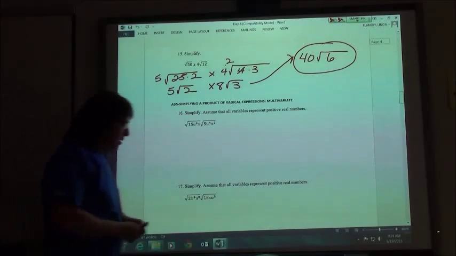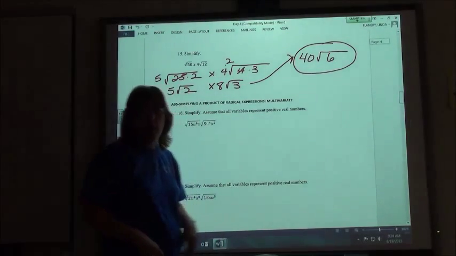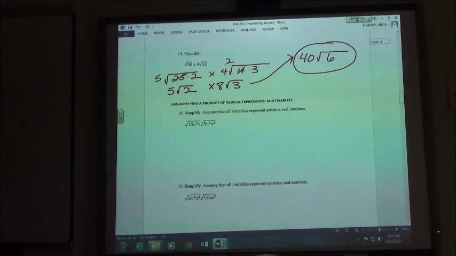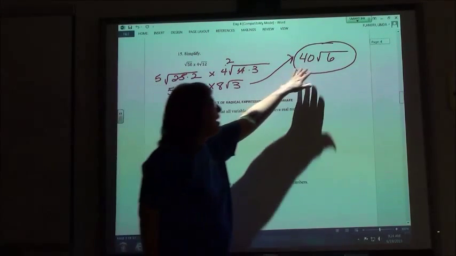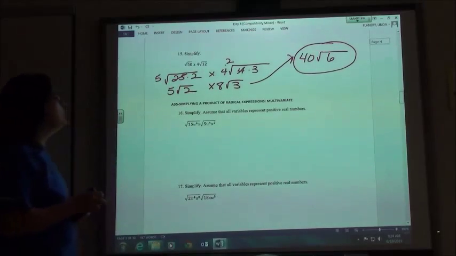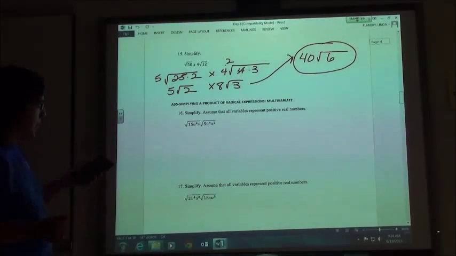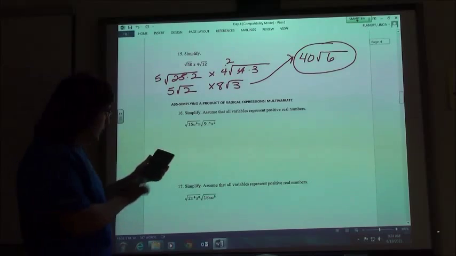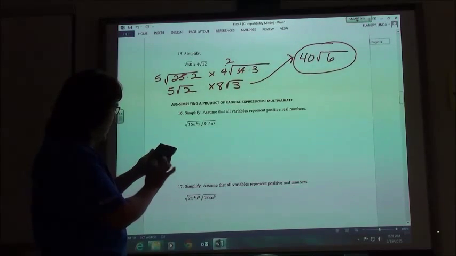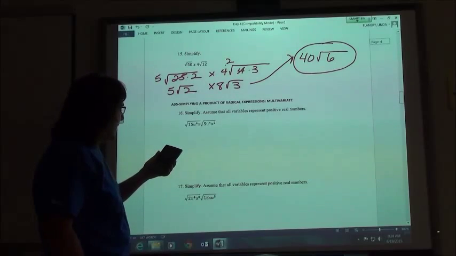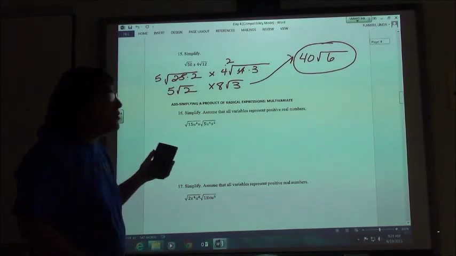So we saw where you might get a nice whole number answer, where you get one that you can simplify after you multiply, and where you get one where you can't simplify. Again, if you really wanted to double check your answer, even though it's not going to come out to a nice whole number, if I use my calculator, square root of 50 times 4 square root of 12, I get 97.97, so forth and so on.